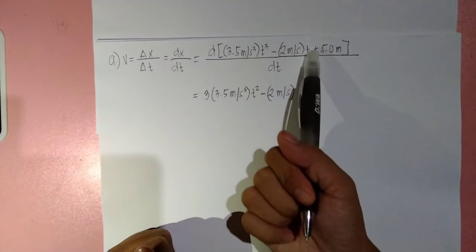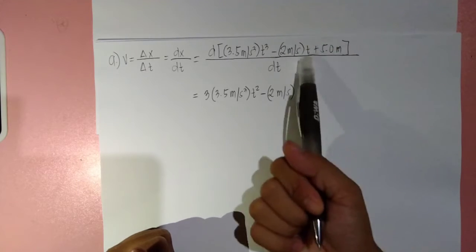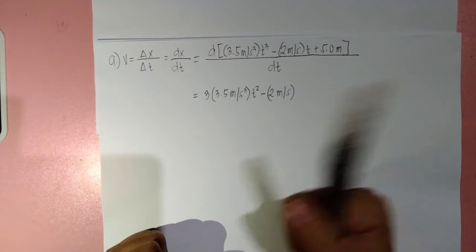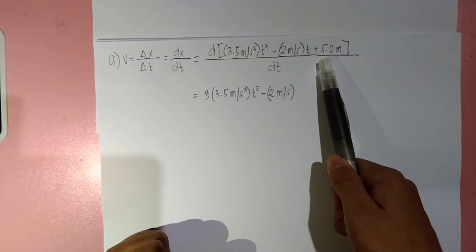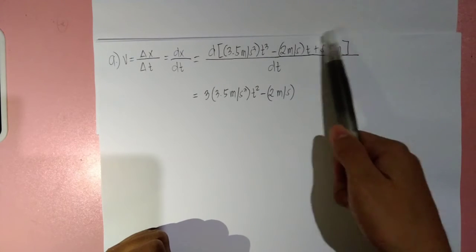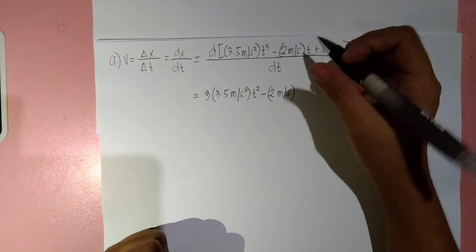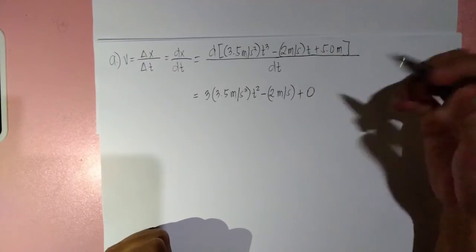Since we have here 5 meters, the third term does not contain any variable, meaning it is constant. Therefore, its derivative is 0.